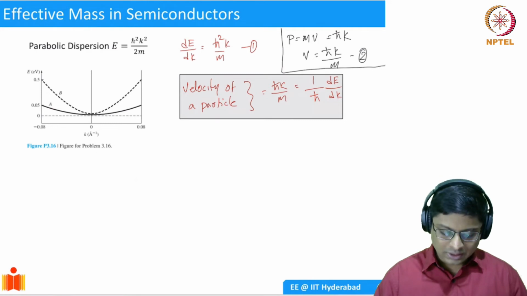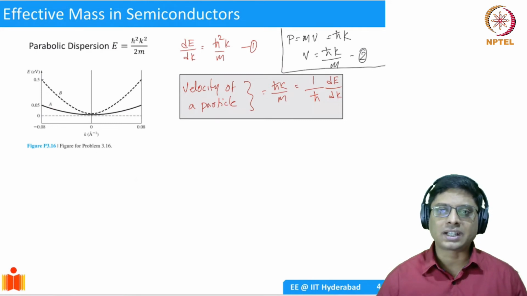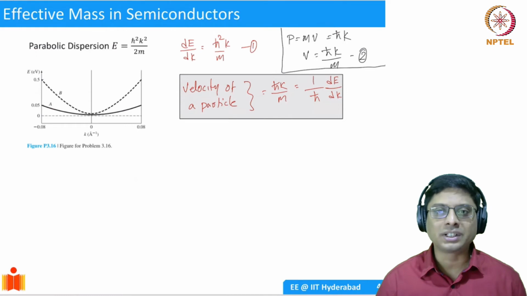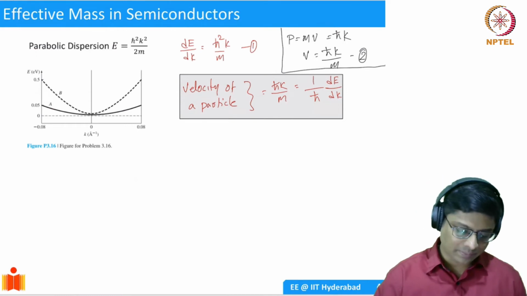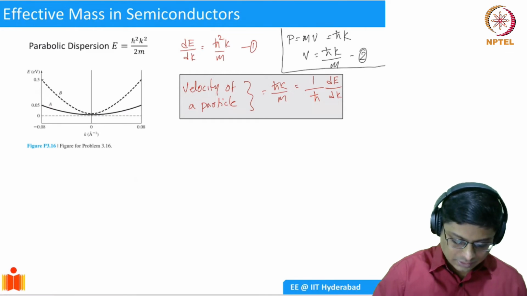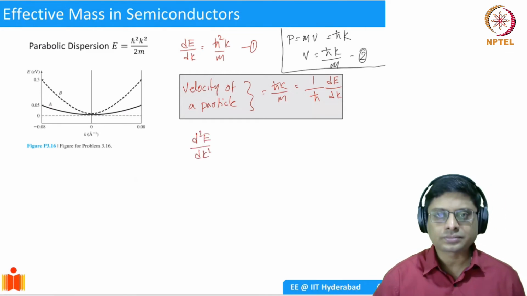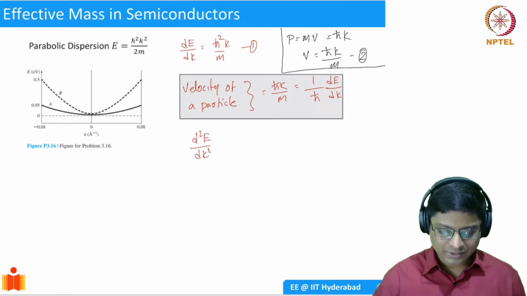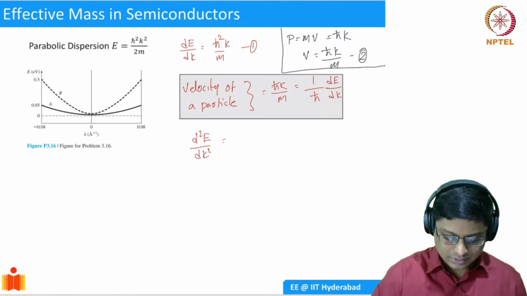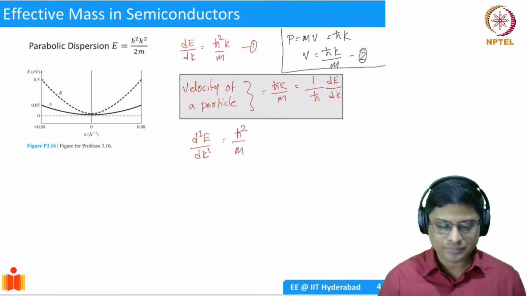So this is how we can actually calculate how carriers move in a semiconductor. We can do one more thing. We can take the second derivative. Okay. So let's try that. d square E by dk square will turn out to be h cross square by m.